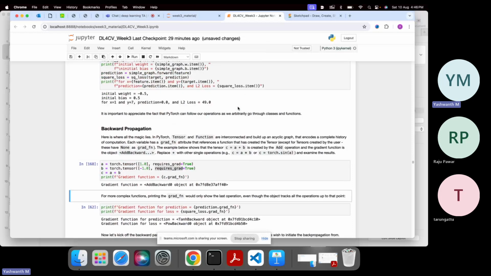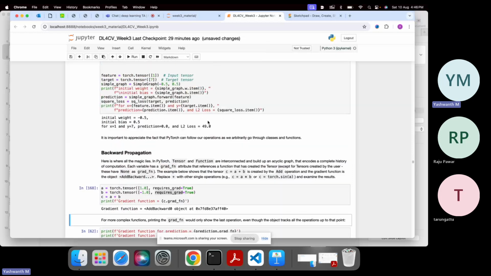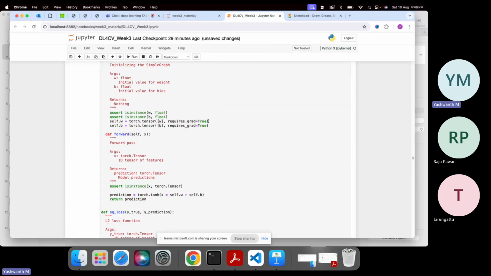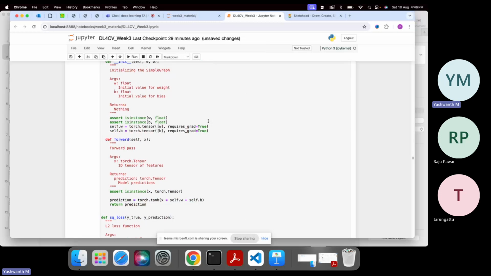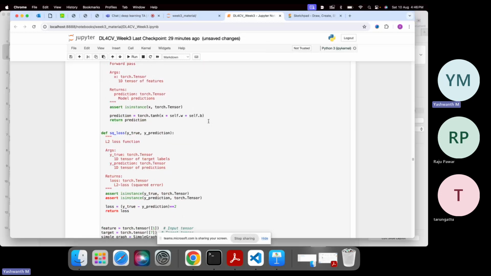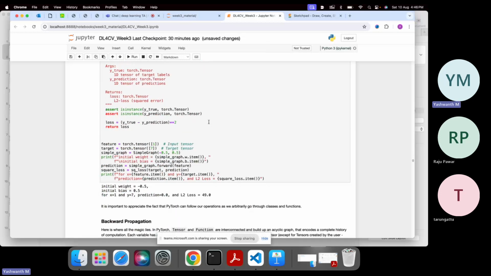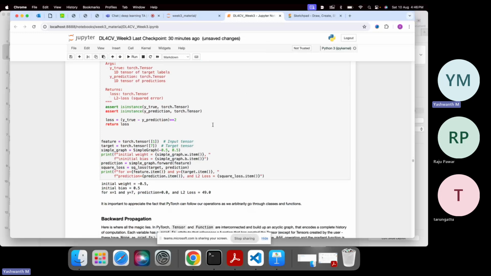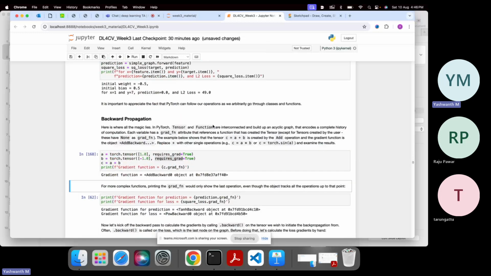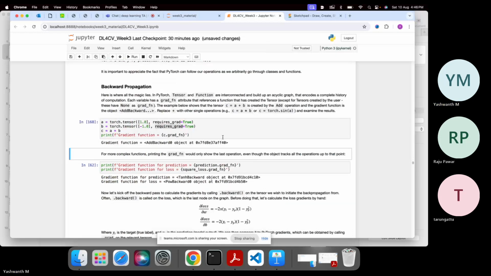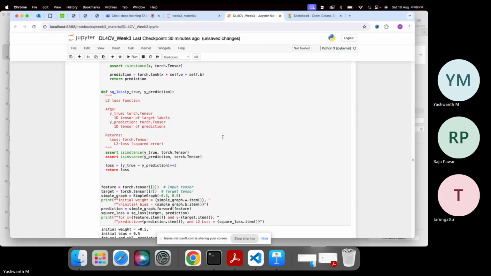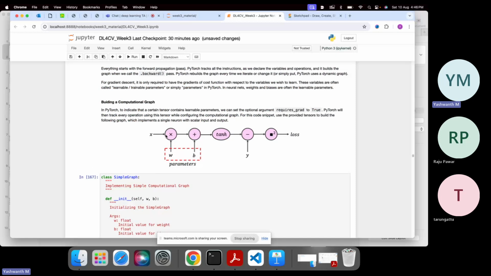So here we just show how we can use autograd versus the brute force computation of the gradient. We have a data point, W transpose X plus B, and we pass it through a nonlinearity.